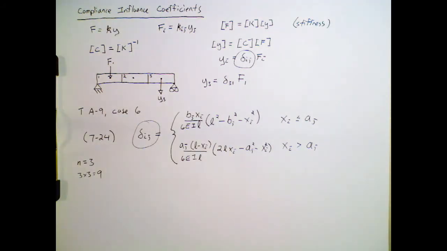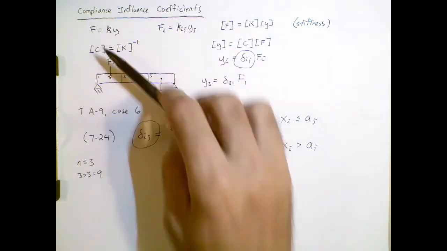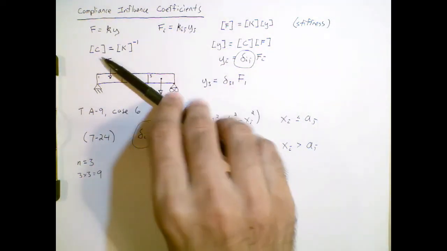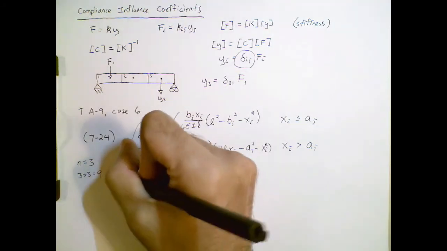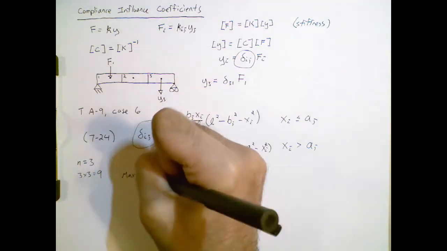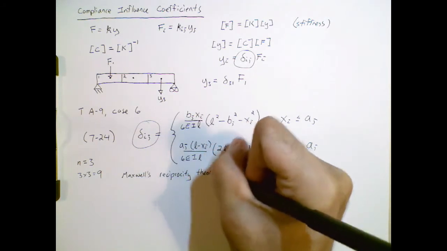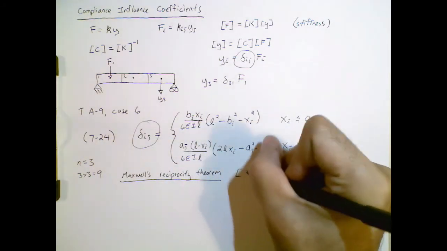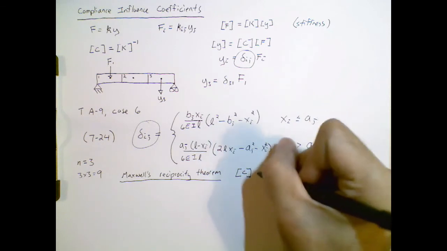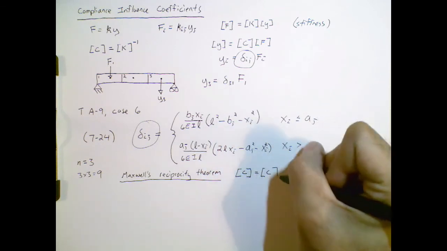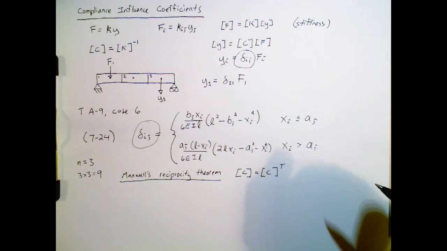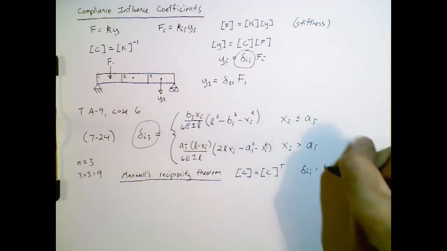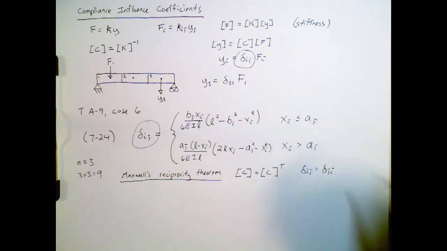That's the number of elements that are going to be in this compliance matrix C. Now, there's something known as Maxwell's reciprocity theorem. And it essentially says that the compliance matrix is symmetric. Or, in other words, we can write that delta ij is equal to delta ji.